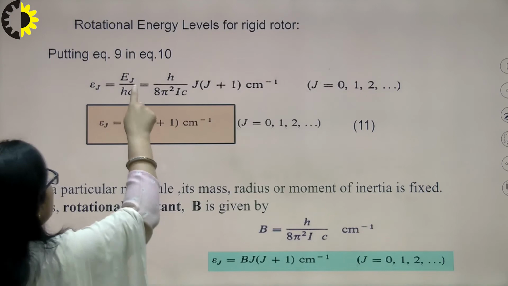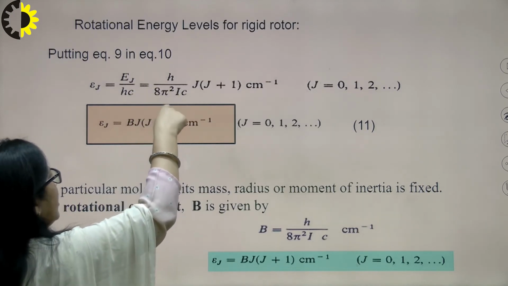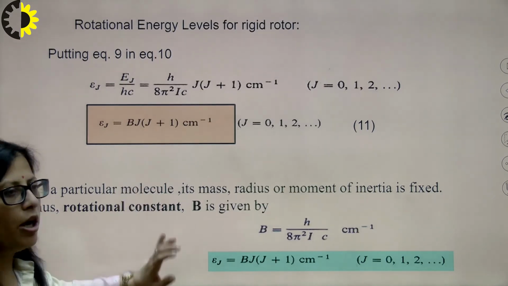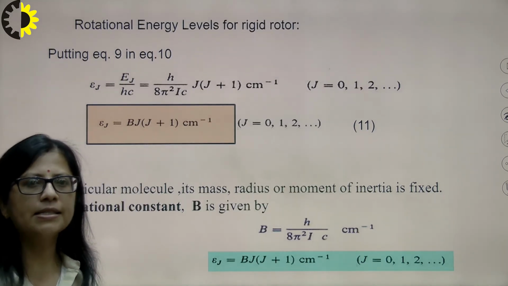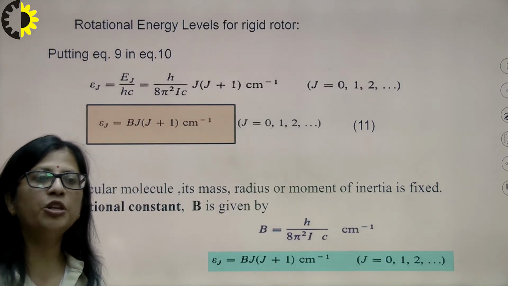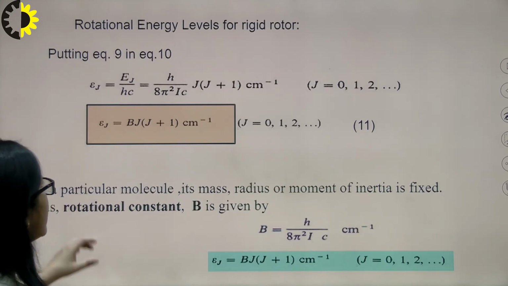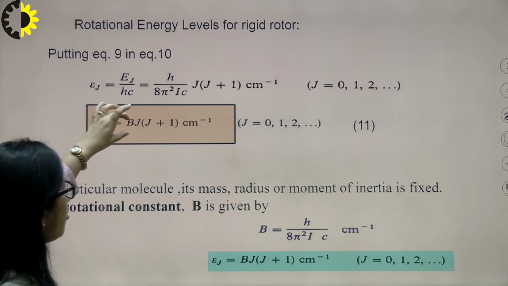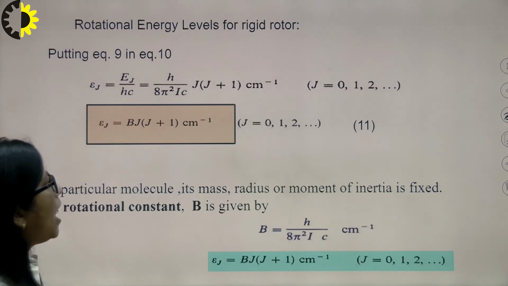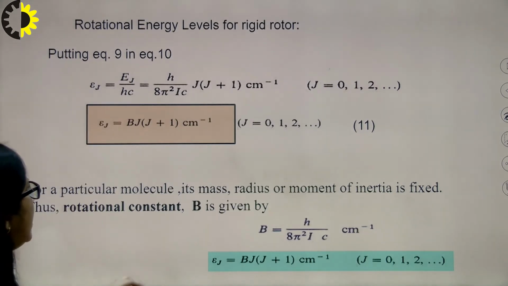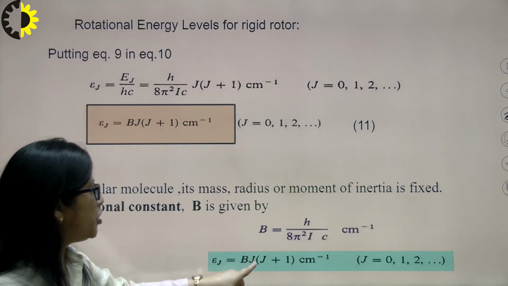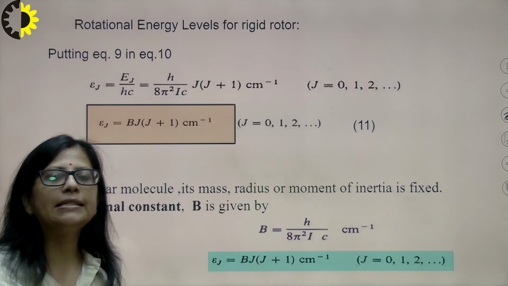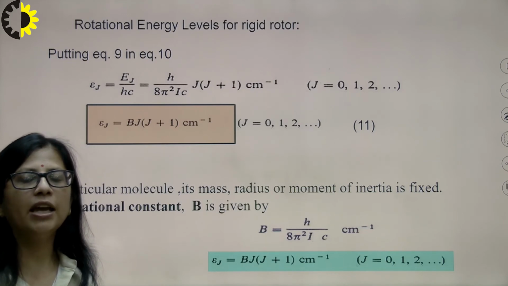So, substituting this entire value by capital B, because for a particular molecule its mass, radius or moment of inertia is going to be fixed. Therefore, our equation becomes Ej is equal to Bj multiplied by j plus 1 centimeter inverse in terms of wave number.